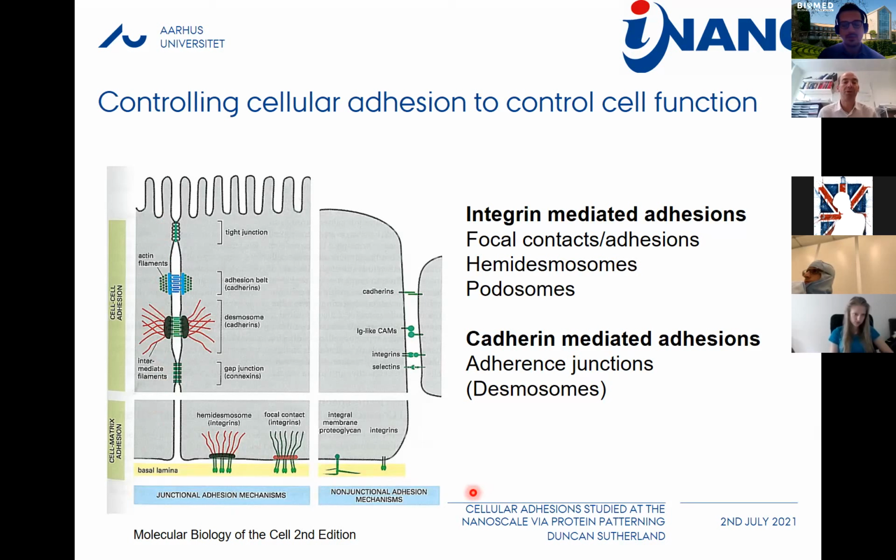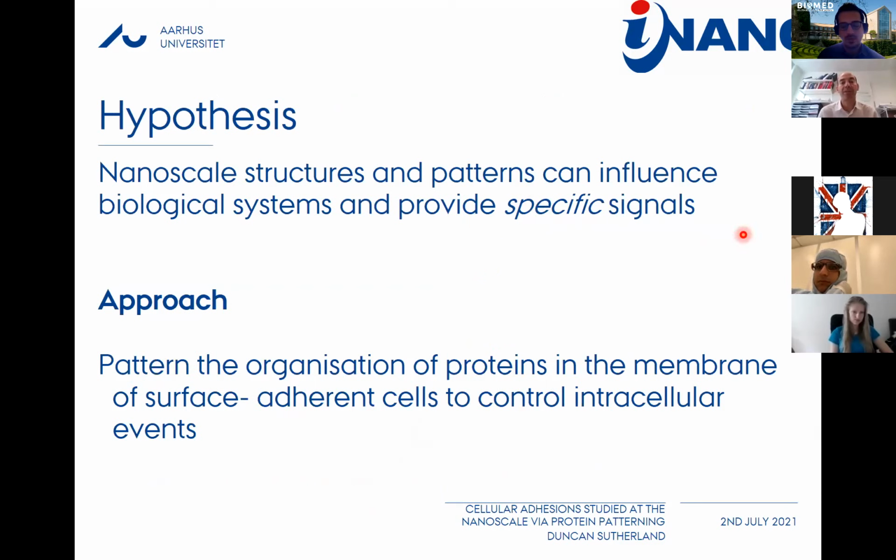Our approach is to mimic the thing that the cell is interacting with, making a pattern of the appropriate proteins, which could be extracellular matrix proteins, or membrane proteins from the surrounding cells, and use that to study the formation. Our hypothesis is that the size of things matters and the pattern matters, not just the specific interactions.